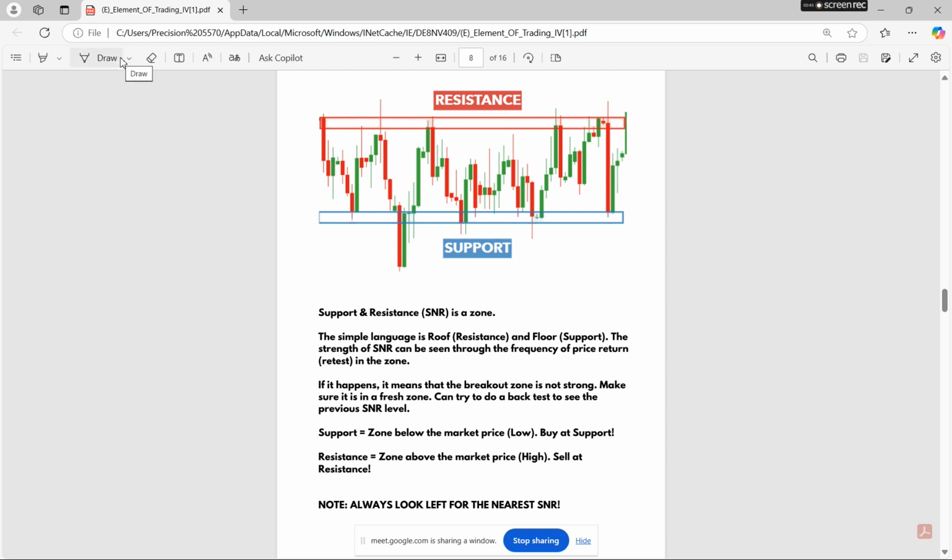The resistance level is the top price point on the chart where traders expect the market to go down from. So this is how it is.